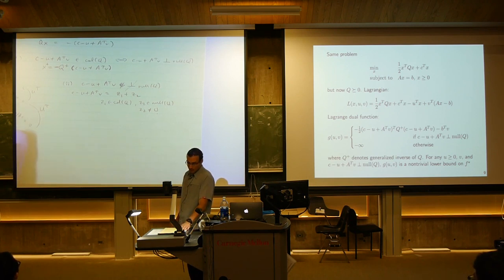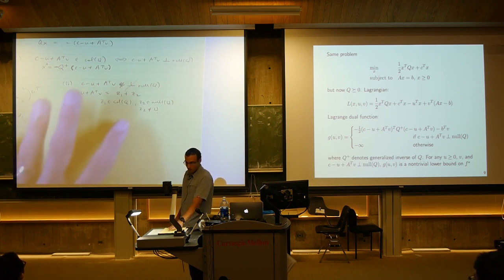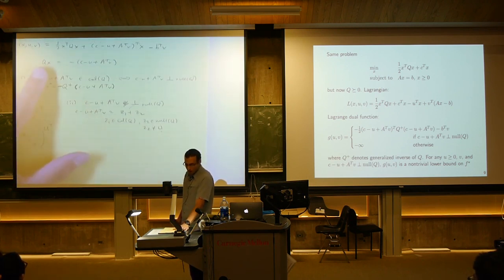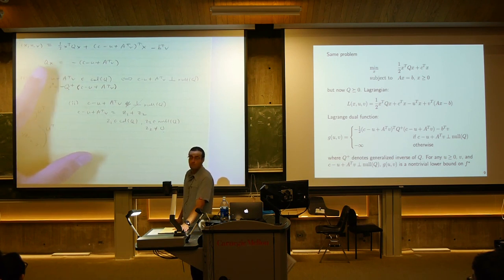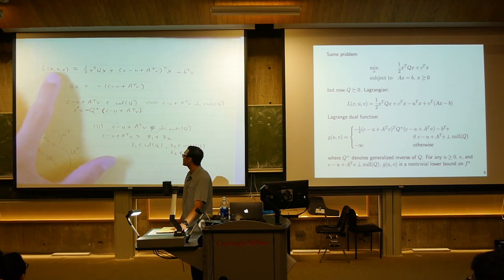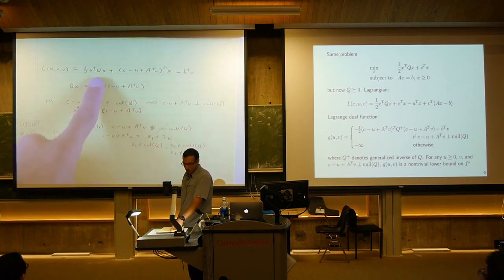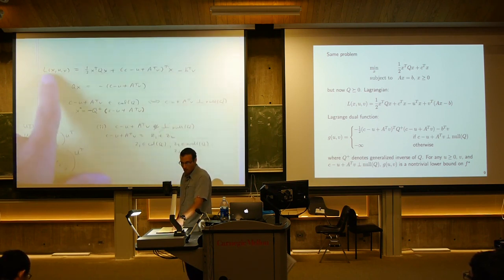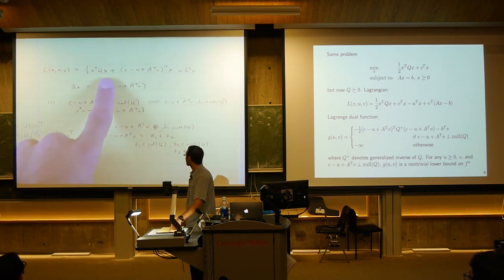So what happens in that case? Well, in that case, this has no solution. And if we go back to the Lagrangian, we can ask what happens if we were trying to minimize over all x in such a case, right? When U and V are arranged so that it's not orthogonal to the null space. You can actually see that we can make this as small as we want, all the way to minus infinity, right?